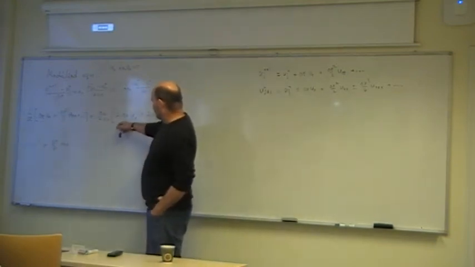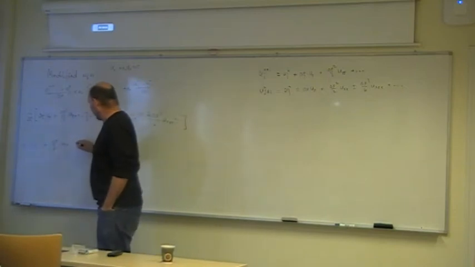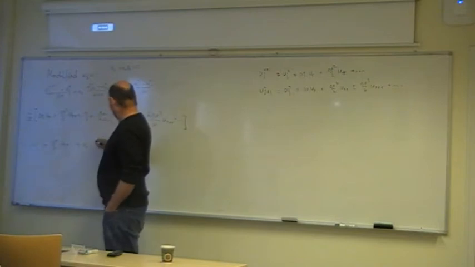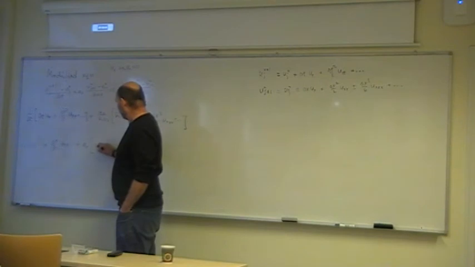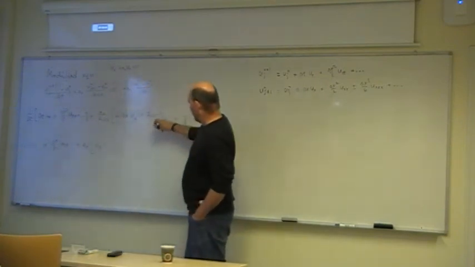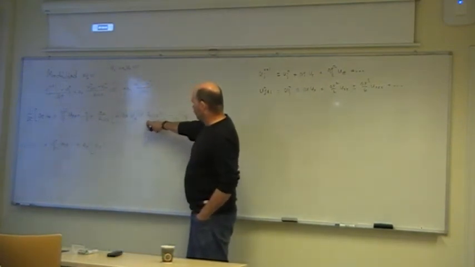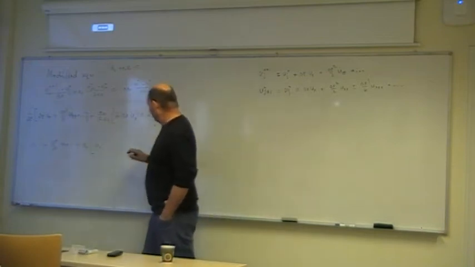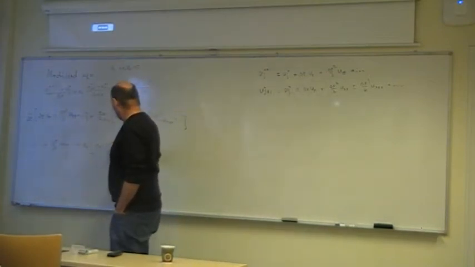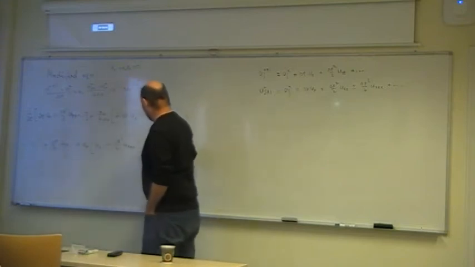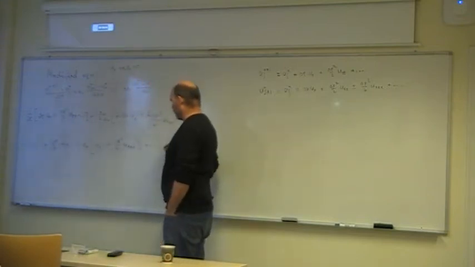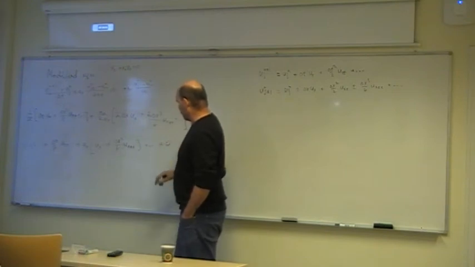Here, 2 delta x falls, so I will have plus a 0 u_x, and here the 2 falls and one of these delta x's falls, so I will have delta x squared over 6 u_xxx, and then plus even higher order terms equal to 0.